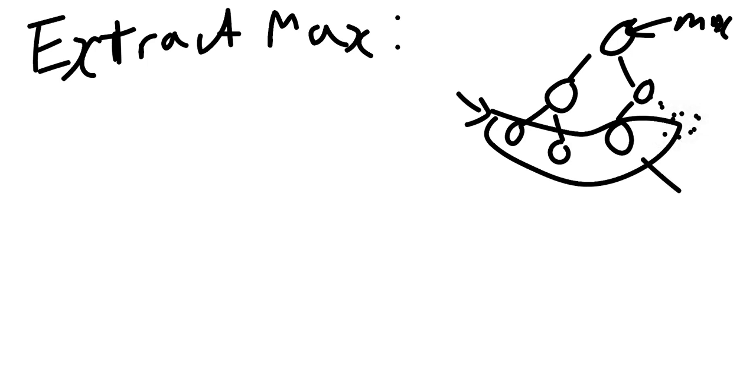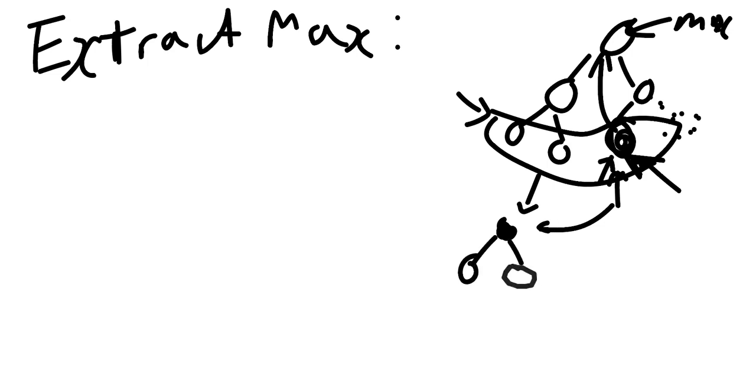So what we would do is take this last element, this one right here, and we put it where the root is. So we make this thing the root, and so it looks like this now. This thing that was here is now the new root, and now we have a heap that looks like this.